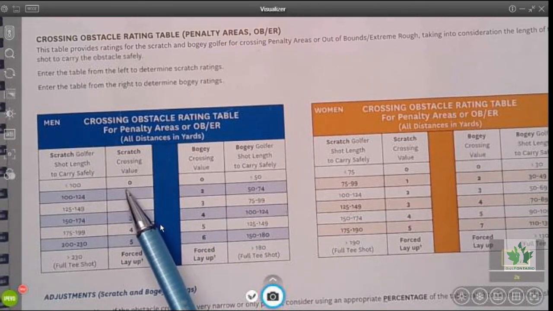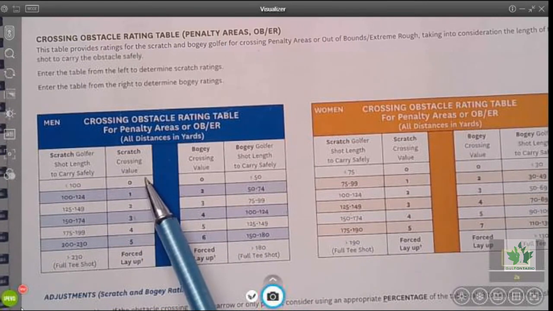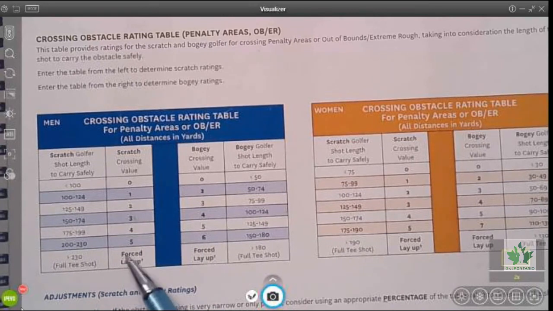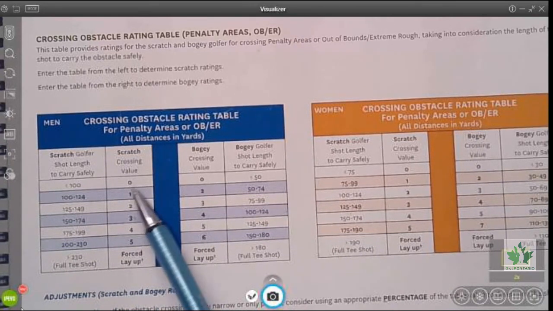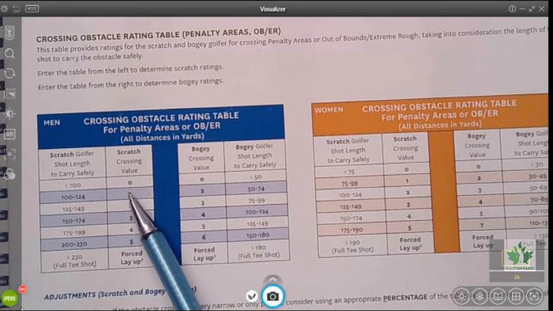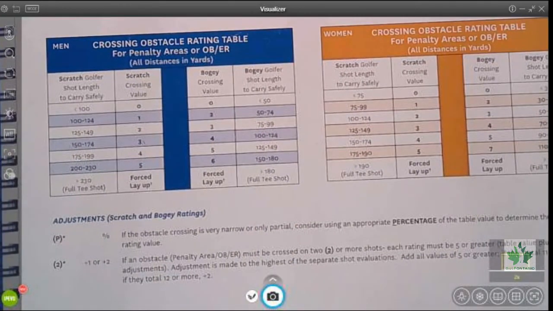But if you take a look at his scatter pattern for 100-yard shots, or for a full tee shot, if he's trying to hit a full tee shot, there's no chance he's ever going to hit it less than 100 yards. So this makes a bit more sense in relation to reality than you might originally think. So that's the crossing one.